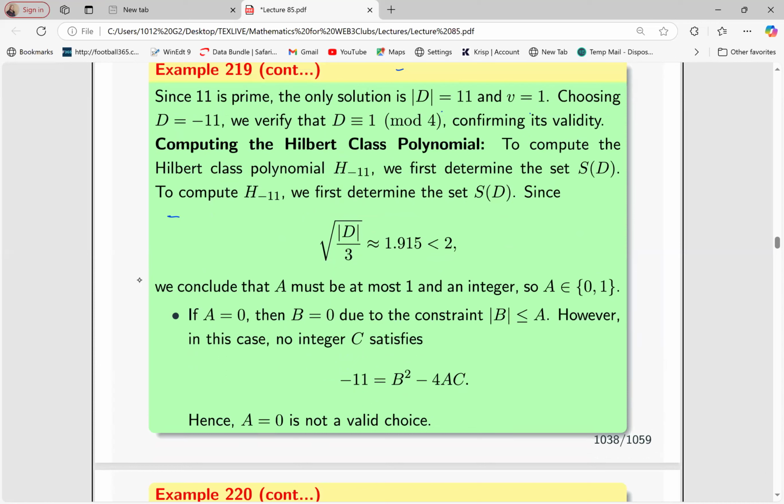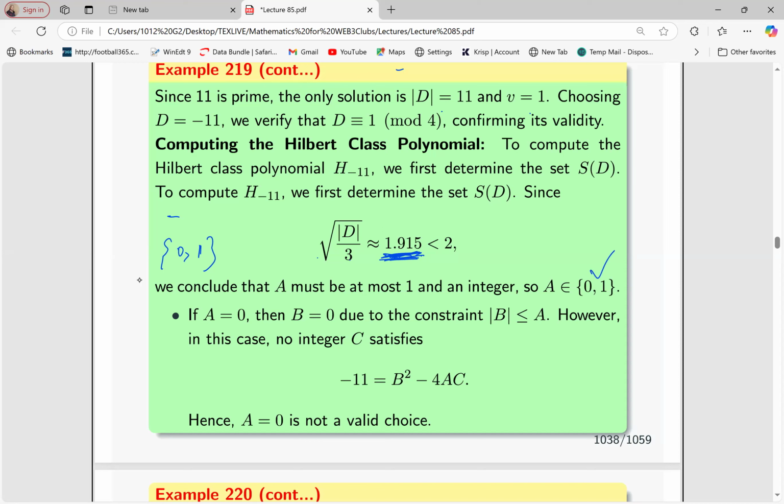So 11 divided by 3, then the square root will be this. That is 1.9. So A should be 0 or 1, values that are less than this number. So A can be any of them.